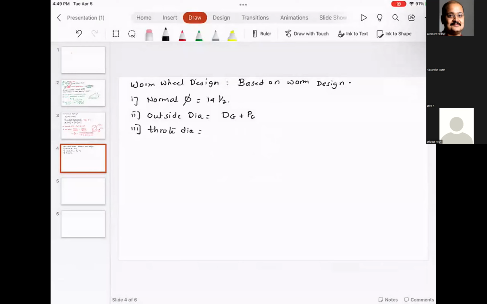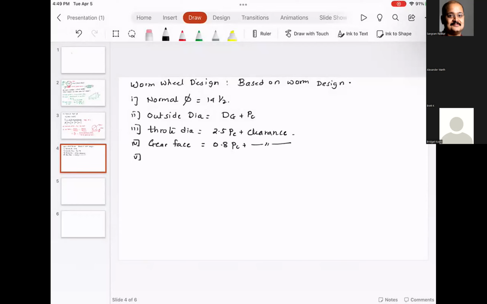It's usually 2.5 times circular pitch. Circular pitch is pi times module plus some clearance. Then you're going to have gear face radius, which is 0.8 times PC plus some type of clearance.